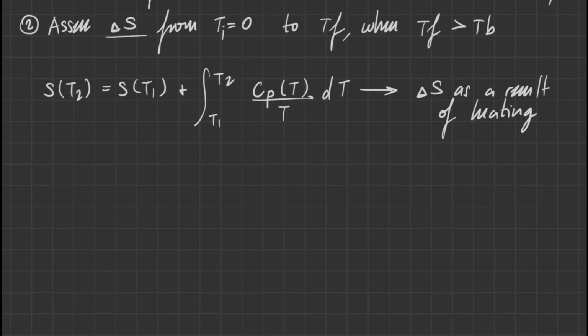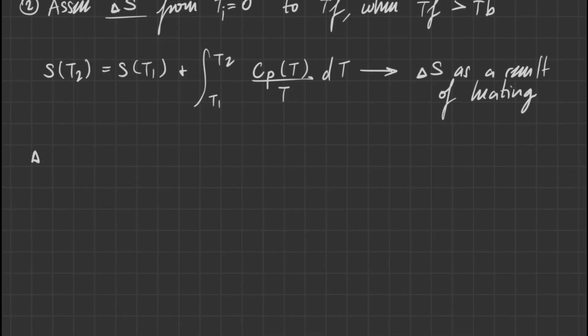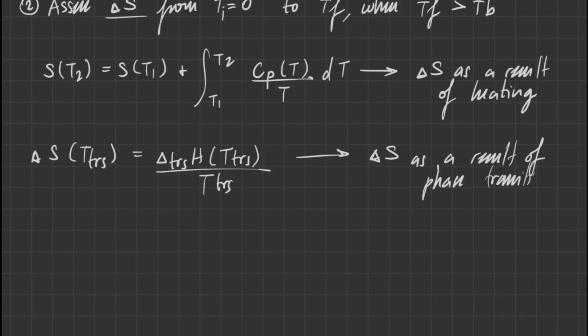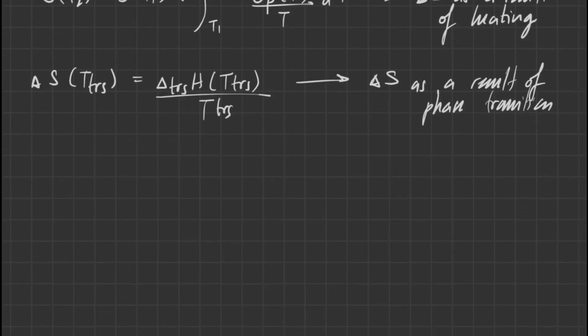The other equation that will be important is delta S at the temperature of transition, subscript trs, is equal to the delta H of transition at the temperature of transition over the temperature of transition. So this is the change in entropy as a result of phase transition.